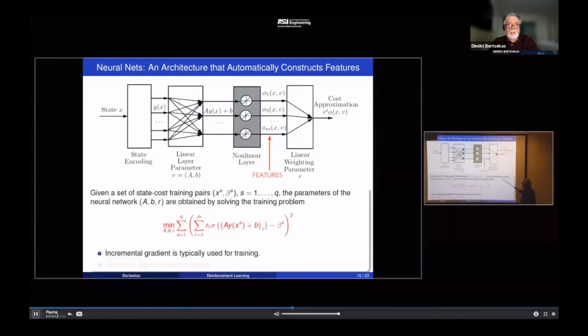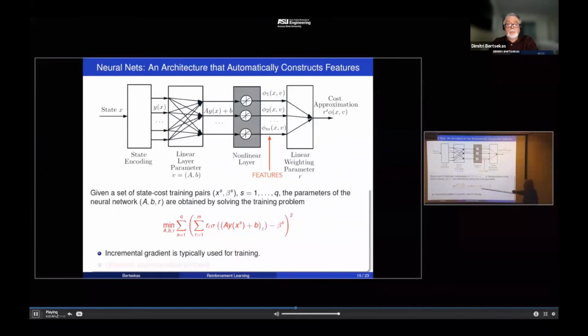They involve the output of the neural network, and I've written it explicitly. This is the output of the linear layer, and this is the output of the nonlinear layer. And it's weighted with the parameters R. So this is the structure that you see here. I've just written it in this complicated algebraic form. And we compare this with the beta, and we minimize the sum of square errors.